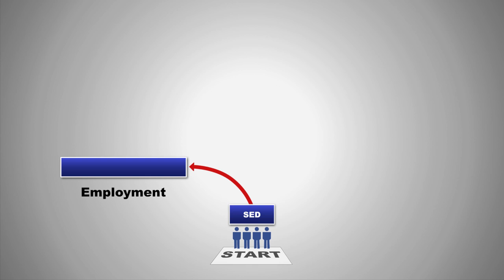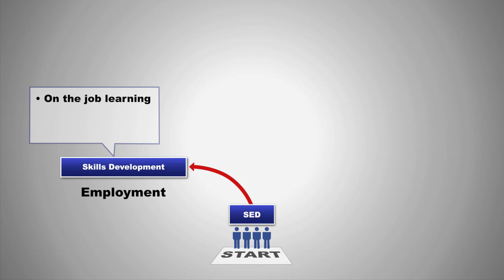And once they've got these skills at school and university and training college, they may now come into an employment area. That's where they get a job. And the first level of benefit from coming in as an employee in a business is to get skills development, to learn. And that learning is about on-the-job learning.